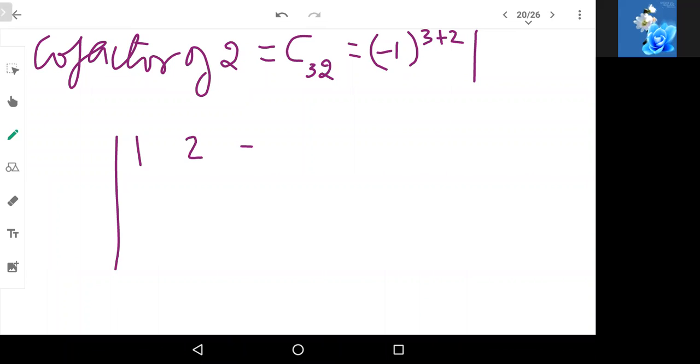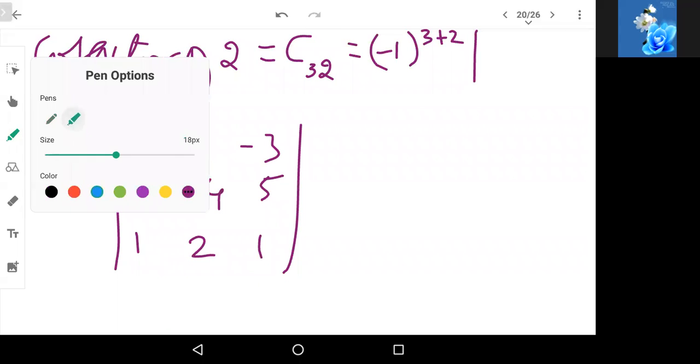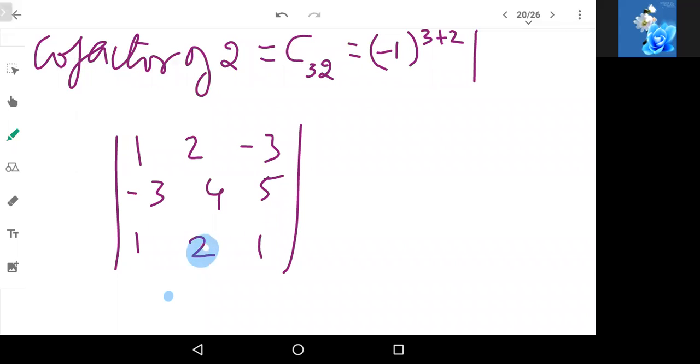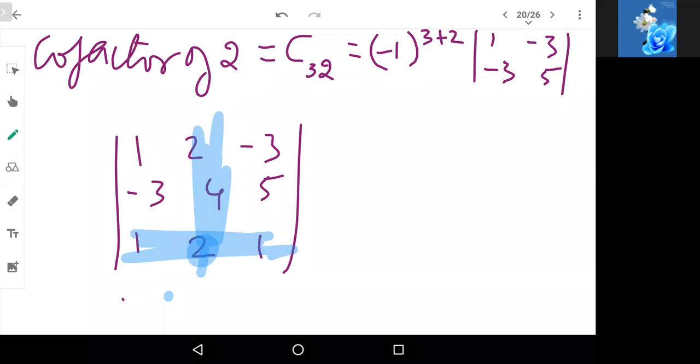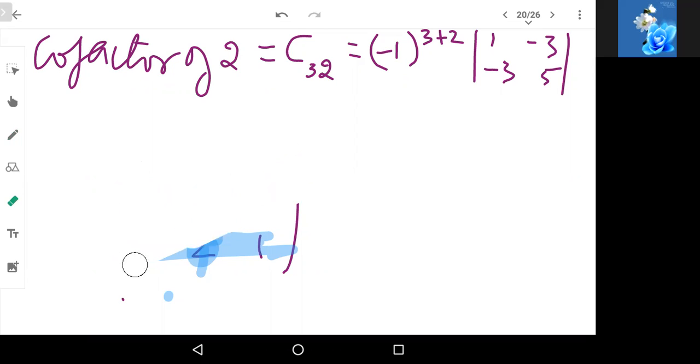Again 1, 2, minus 3, minus 3, 4, 5, 1, 2, 1. Now we are finding for this. So third row, second column will be out. And what is remaining? 1, minus 3 and 5. So that is the value that is remaining.